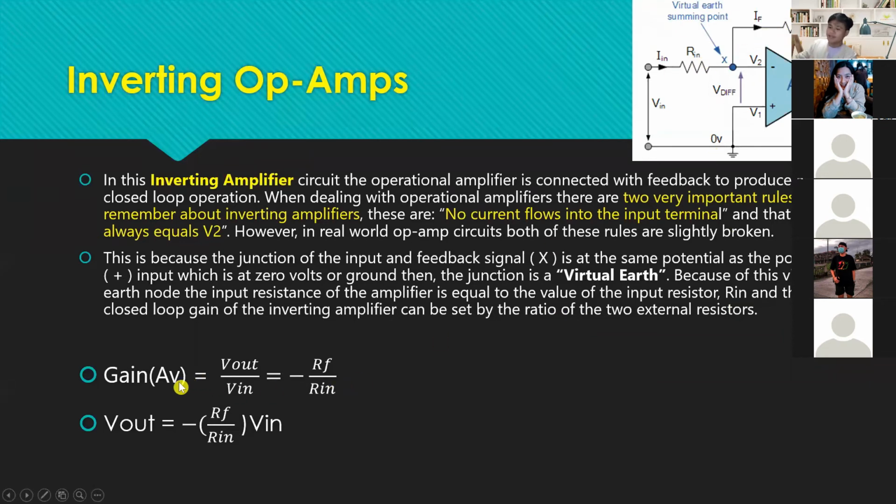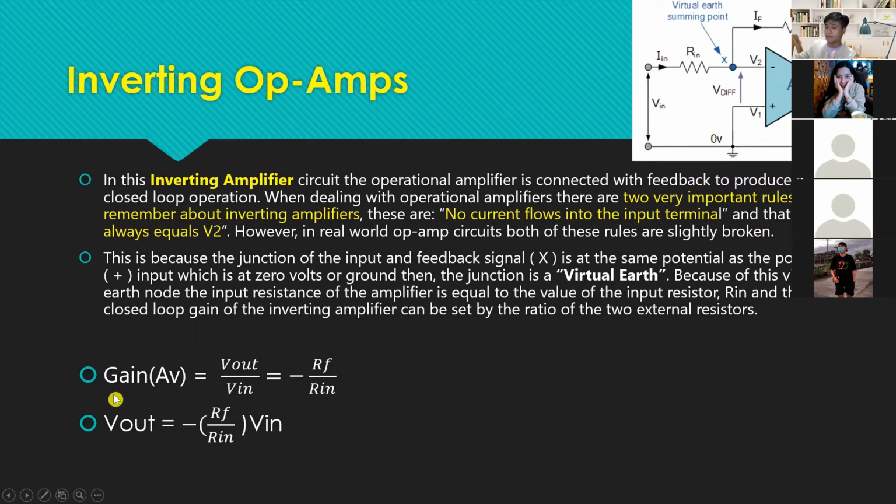And then again, here's the formula for the inverting amplifier. So initially, what we're trying to get here is the gain or the voltage gain. And then this one can be derived by having this one V out divided by V in. And then from here, you can have another derivation which is now equal to negative RF divided by Rin. So again, ito, may derivation to, okay, dun sa reference sa pinagkuhanan ko.